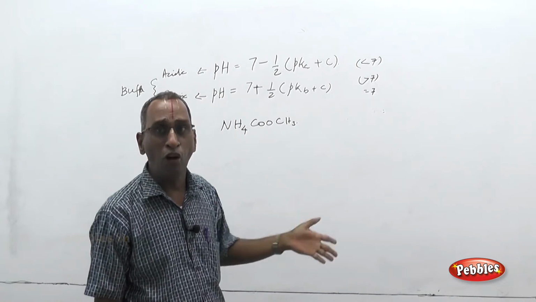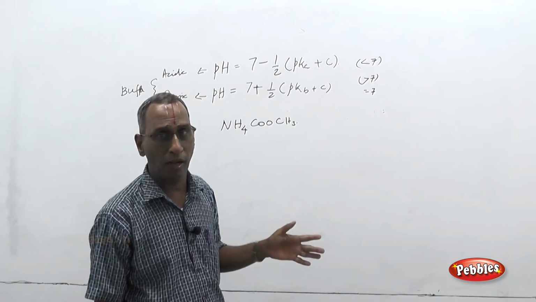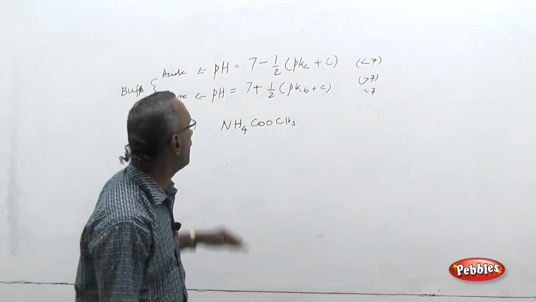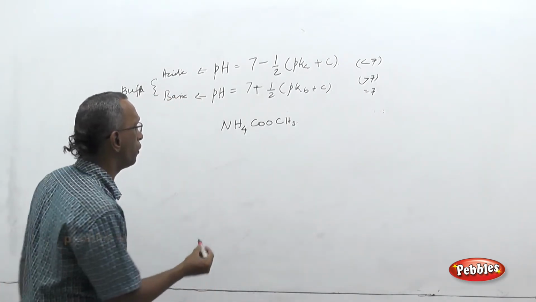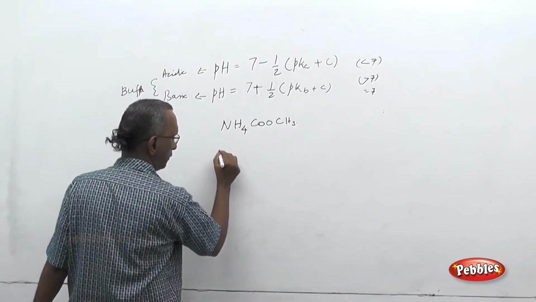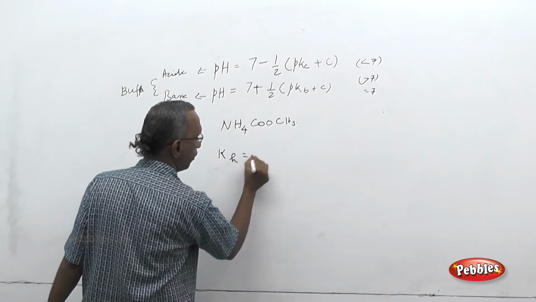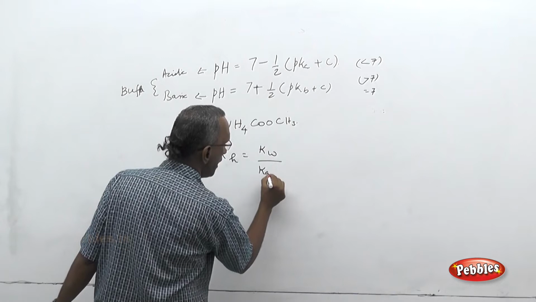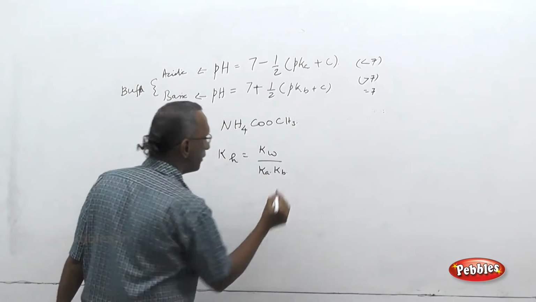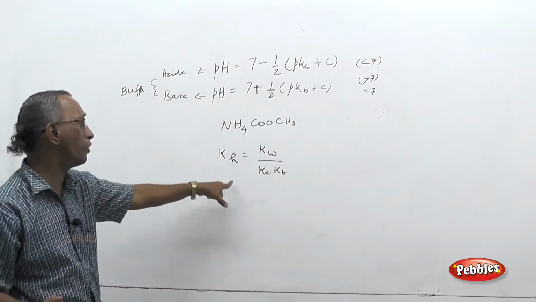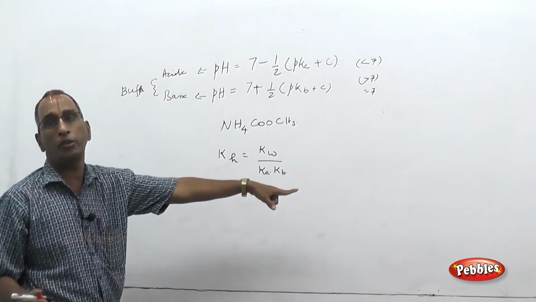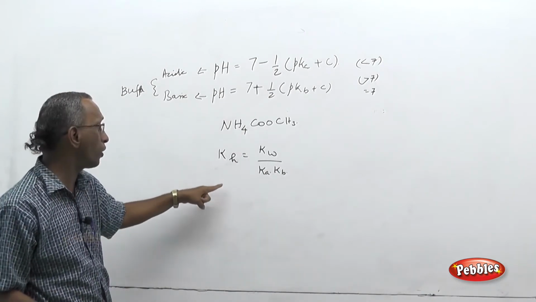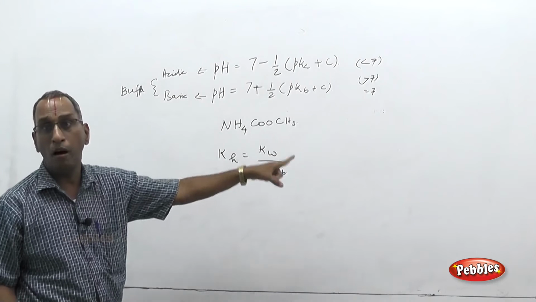Acetic acid is a weak acid. Both are weak electrolytes. In such cases, the hydrolysis constants are to be noted. This we have seen: Kh equals Kw by Ka into Kb. This relation we have noted already. This is to be used if both the components are weak. If only one of the components is weak, use either Ka or Kb.